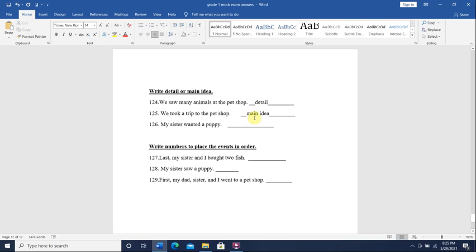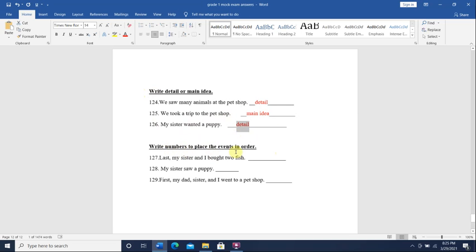So the main idea is about what we did, our trip to the pet shop. Okay, so we saw many animals. It's just a detail. And then we start talking about the animals that we saw, like a dog, fish, or a bird. My sister wanted a puppy. That is also a detail, because the whole story is not about that her sister wanted a puppy.